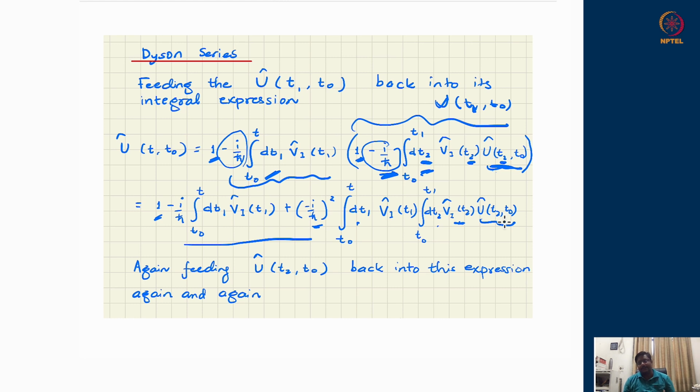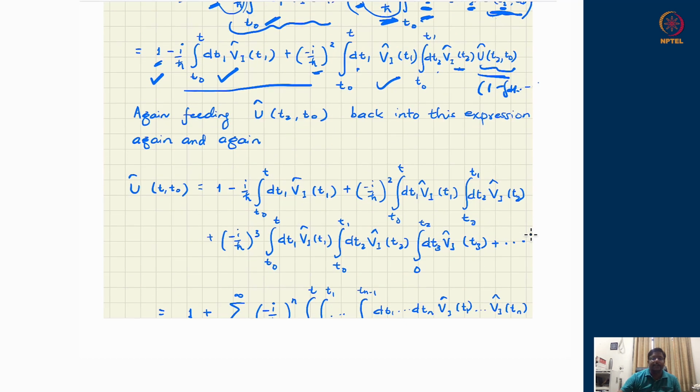And again you can feed the same expression back into U of t2, t0, and this loop will keep growing. So you will get first the zeroth term, then a single integral, a double integral. Again you write it as 1 minus the integration of the third quantity. You will get a triple integral, then a fourth integral, a fifth integral, and ultimately it will keep building up.